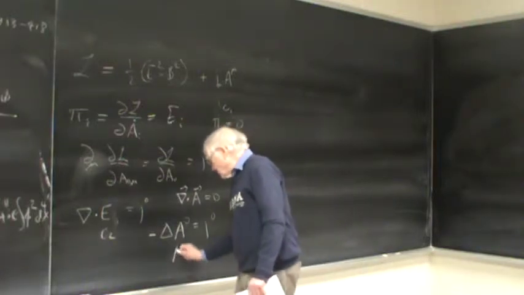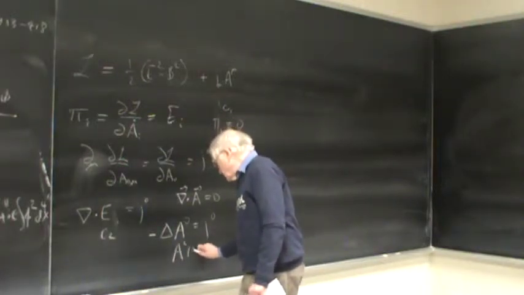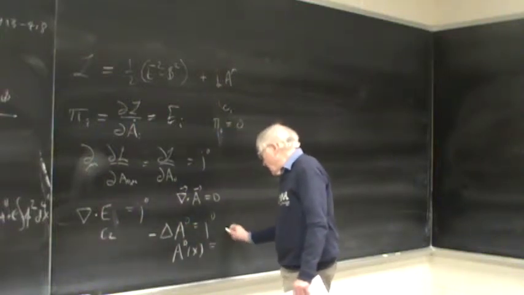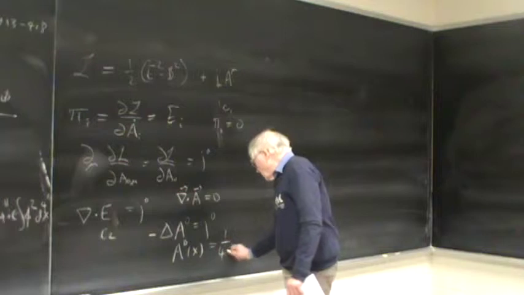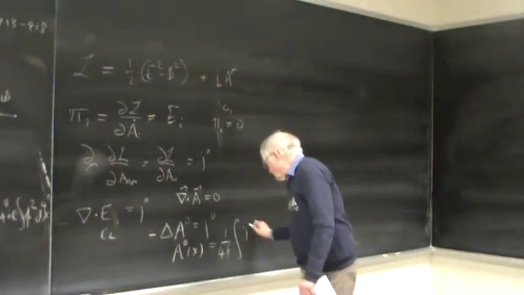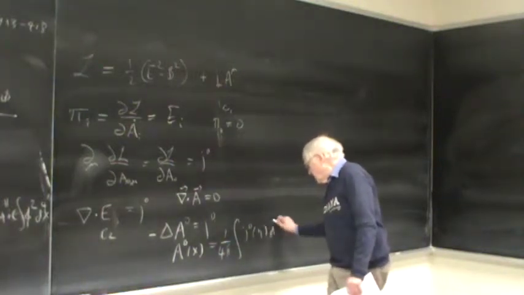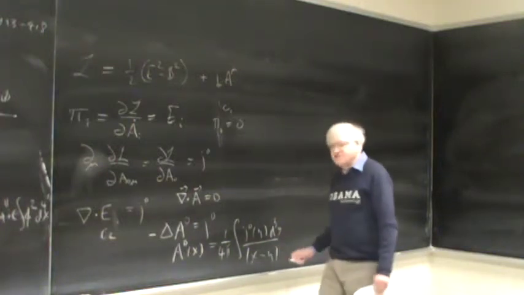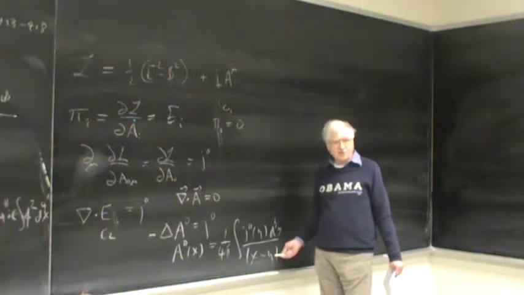And so therefore we can write this funny field A_0 as 1 over 4π, an integral of J_0 of y, d³y over |x − y|. So this is the instantaneous Coulomb potential.